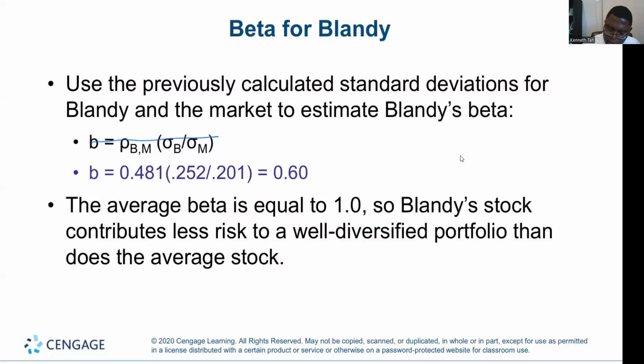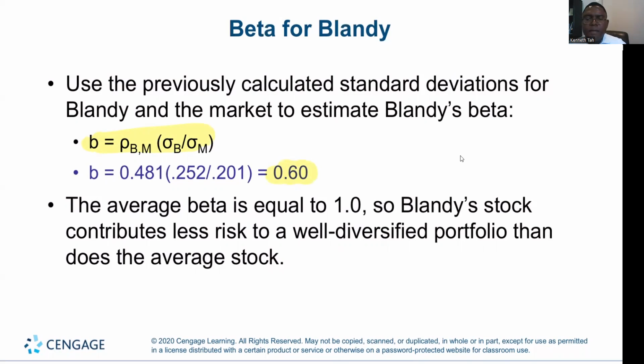So this is the formula. So in that case, it is going to give us 0.6. So the beta coefficient is 0.6.